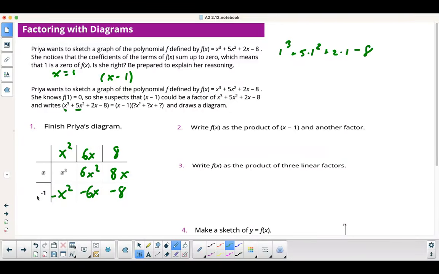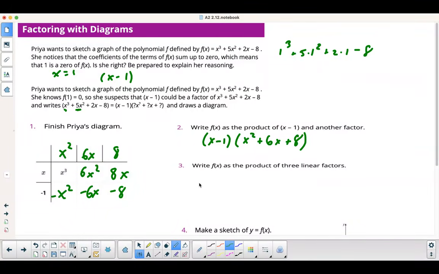So this would mean x minus 1 times this would give me that, which when I simplify that all, it equals the x cubed plus 5x squared plus 2x minus 8. So I'm going to write it as x minus 1 times x squared plus 6x plus 8. So now I got to get it as 3 linear factors.